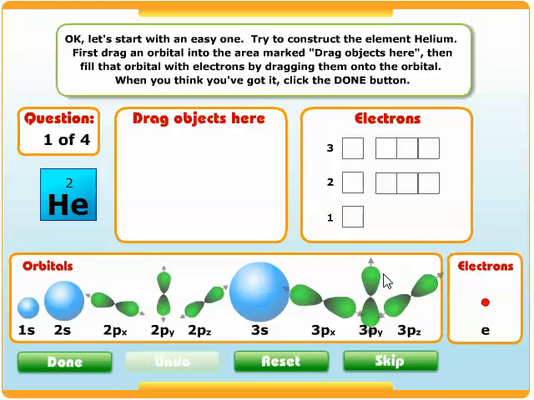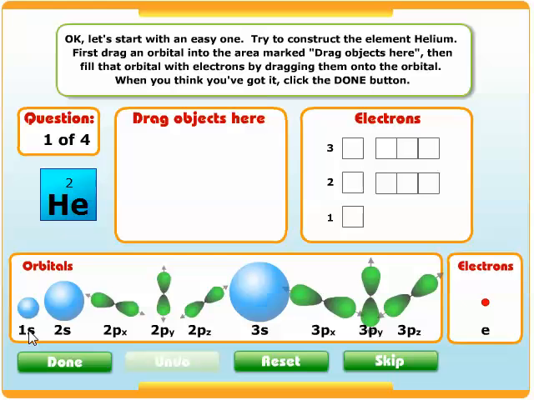After I've dragged these in, I'll also drag in electrons. So I'll drag electrons into my orbitals, and we'll get to actually see them moving around, bouncing around a bit inside the orbitals. As I put the electrons in, you'll see the electrons being added to the orbital notation in the form of arrows. And you'll actually notice that they will have opposite spins. So let's go ahead and get started.